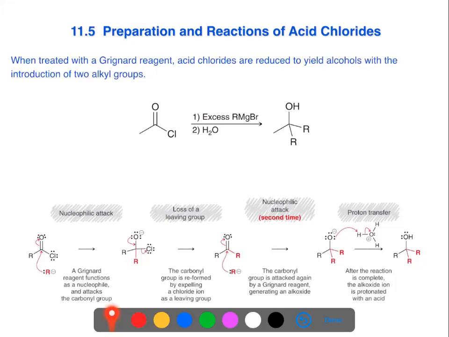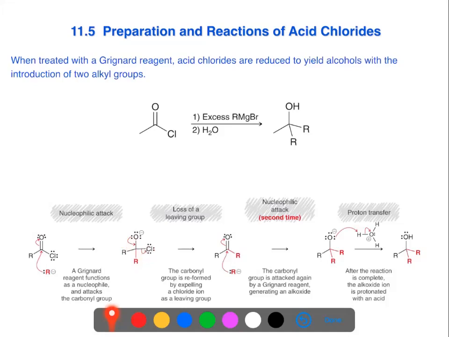And so we have the carbon nucleophile attacking the carbonyl carbon of the acid chloride, breaking the pi bond, forming our tetrahedral oxide intermediate, and it's after this that we see the loss of the leaving group as we reform the pi bond and kick out the chloride.